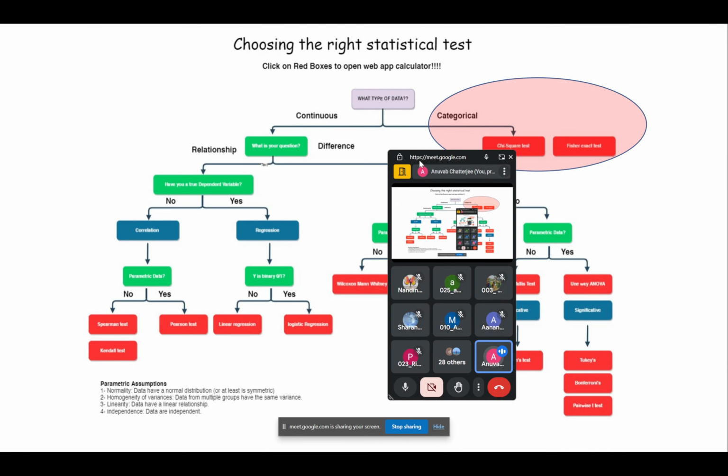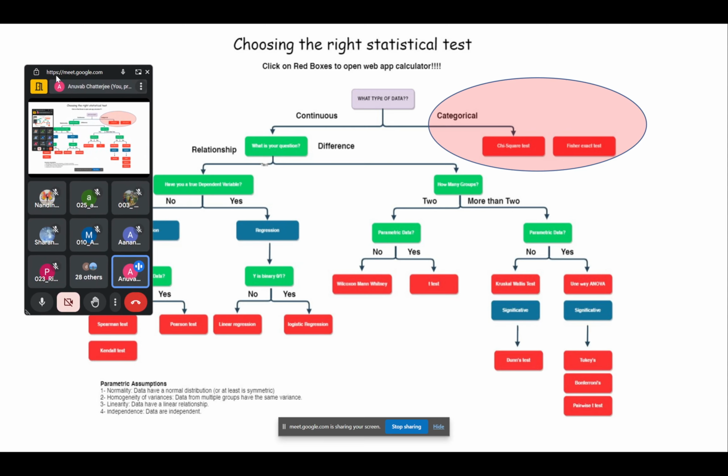We have already dealt with the case where our type of data is continuous and we want to find the difference between data sets. If there are two groups, we use the t-test. If there are more than two groups, we use the ANOVA. But what if your data is categorical? Categorical data indicates that there is not a continuous difference between the data.